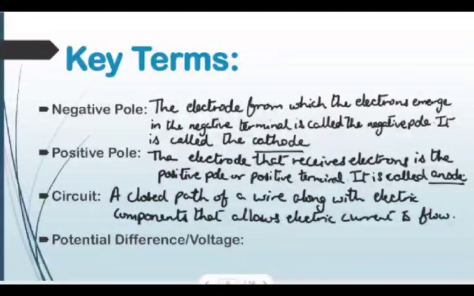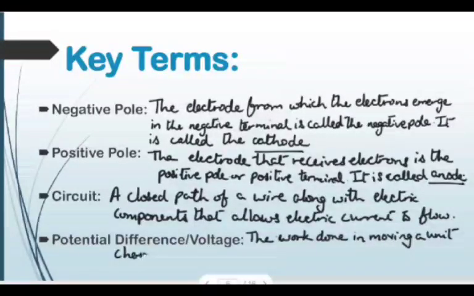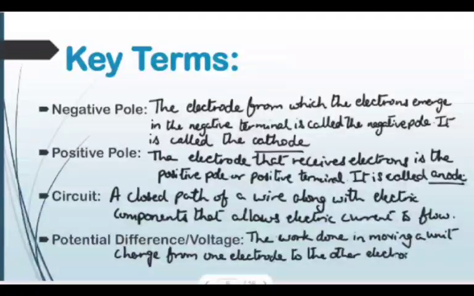So potential difference is defined as the work done in moving a unit charge from one electrode, and one electrode will always be the cathode, to the other electrode.